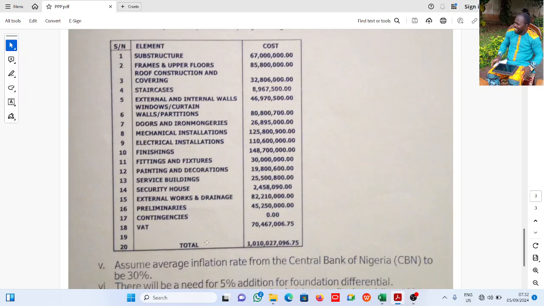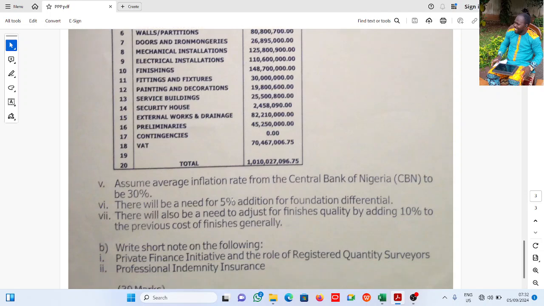The total after that is 1,010,027,096 naira 75 kobo. Now these are other information we have here. Assume average inflation rate from the Central Bank of Nigeria (CBN) to be 30%. That is what we should use.